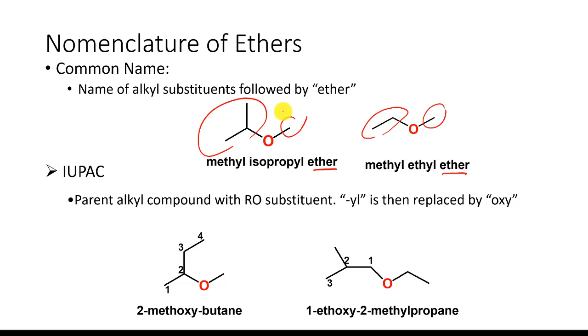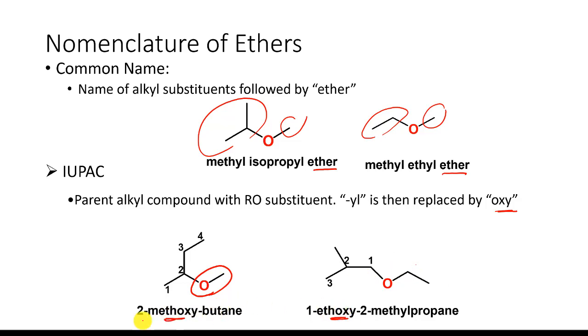Now, in the IUPAC system, because not everything can be named as a substituted ether, that is, we can't always just say what the alkyl groups are, in order to do a systematic nomenclature, you have to come up with a name for the ether functional group, and that is an oxy group. So if it's methyl, it becomes a methoxy. If this is ethyl, it becomes an ethoxy functional group.